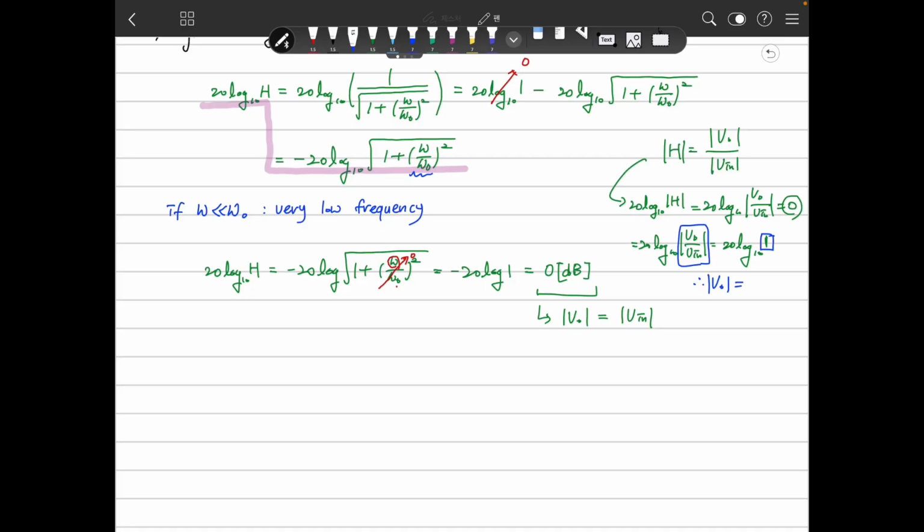Therefore, the V out magnitude is the same as the V in magnitude. That's the meaning of 0 dB. So in this case, the very low frequency is 0 dB. That means V out is the same as V in, because this is a kind of low pass filter. When the frequency is low, the input goes through to the output.